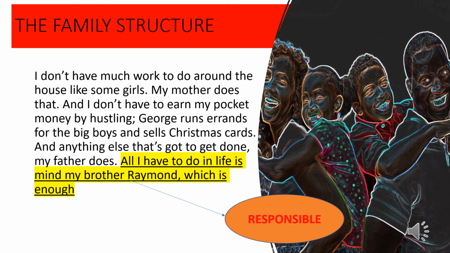So very responsible, and when you are a responsible sibling, there are times when you have tasks to complete, chores that are given specifically to you because you're responsible. So here now we get she is in charge of Raymond, and that might be as a result of the fact that she is a responsible child.